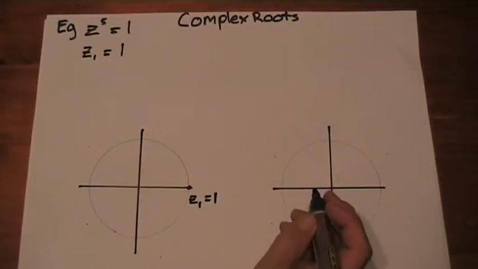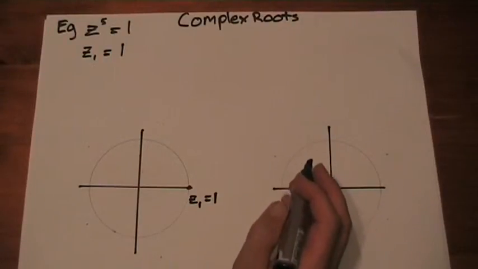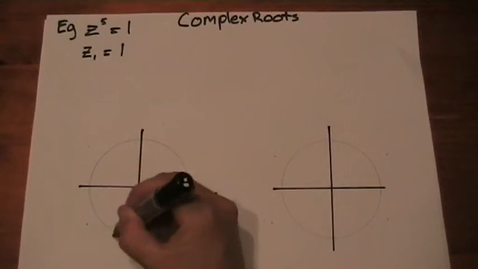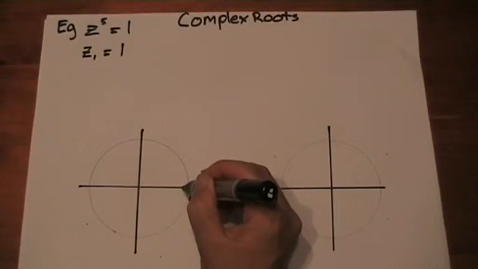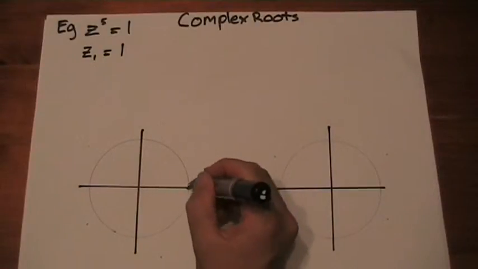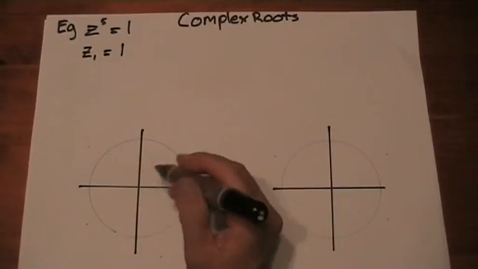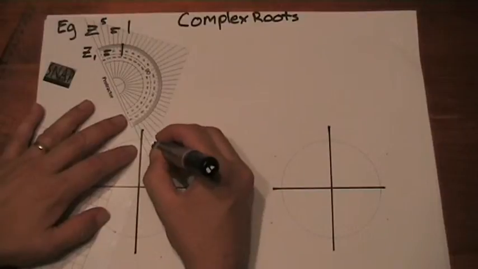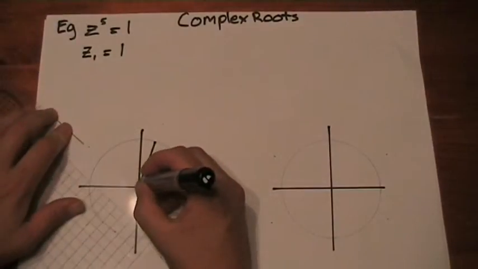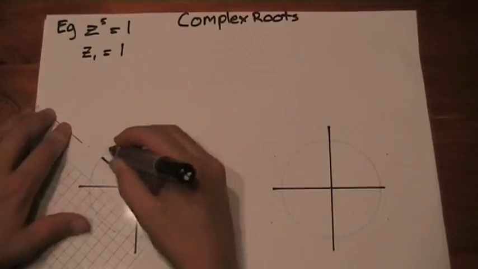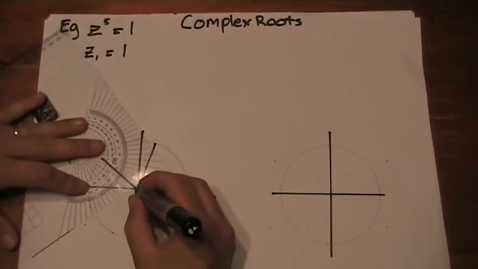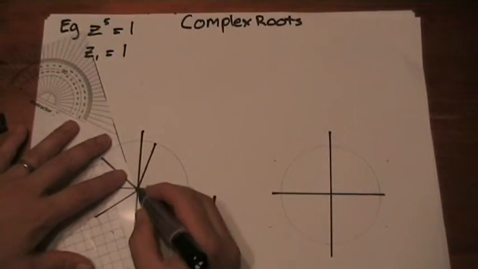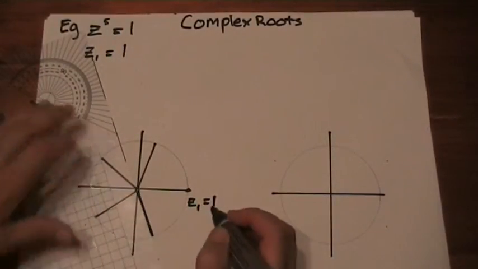Now there are other roots of 1 as well that are complex numbers, and these roots will be equally spaced around this circle of radius 1. So what I need to do now is divide the circle up into 5 equal sections. So I'll do that here, and here, and here, and here.